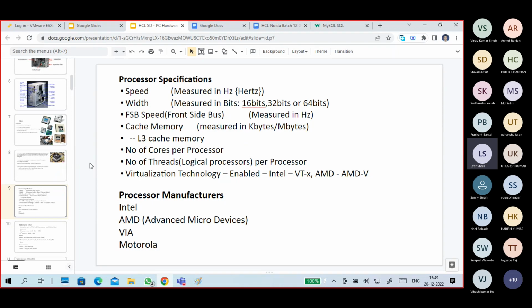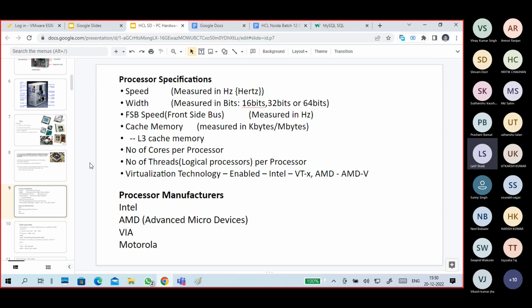FSB is 3200 MHz, which must be equivalent to your RAM speed. So the front side bus speed tells you what RAM speed and type of RAM it will accept.